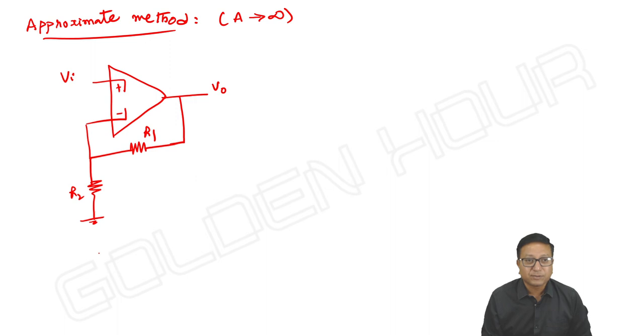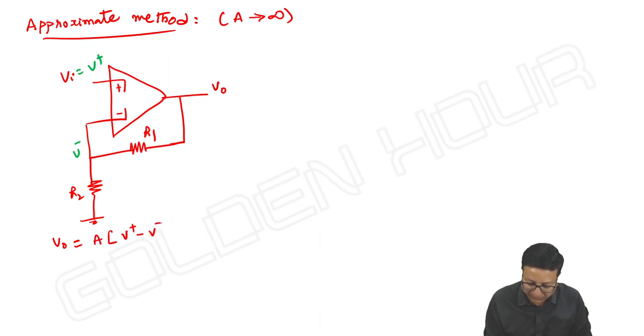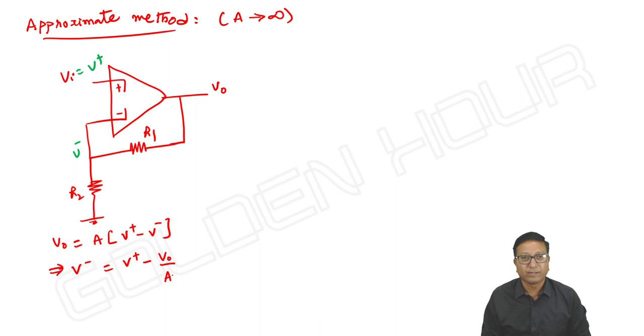Output V output is equal to the voltage at the non-inverting terminal, V plus, and the voltage at the inverting terminal is V minus. Okay, done. Then I wrote V output is equal to A into V plus minus V minus, from which I wrote V minus is equal to V plus minus V output by A. As A is approaching infinity, V output by A becomes 0, so V minus will approach V plus.